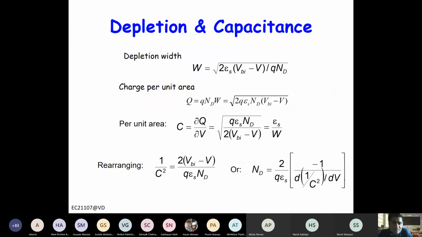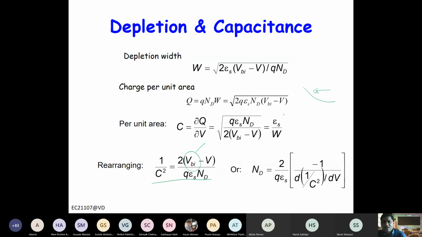So all the expressions that we derived for the p-n junction, we can apply here. So we can get the expression for depletion width, charge per unit area, and capacitance. And we can also get the doping from the slope of 1 by C squared versus V, and we can get the built-in potential from the intercept. Now this built-in potential is basically the barrier from the semiconductor side, not from the metal side.